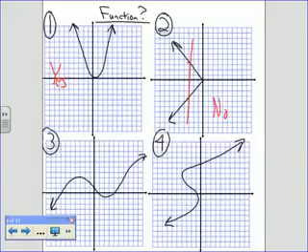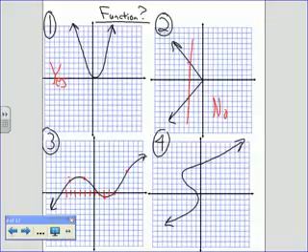What about this one? Yes, that's a function. If you're thinking of a musical instrument, if these were the keys for your piano or something like that, for each key that you press, you get 1 output. No matter which key you press, there's only 1 output.